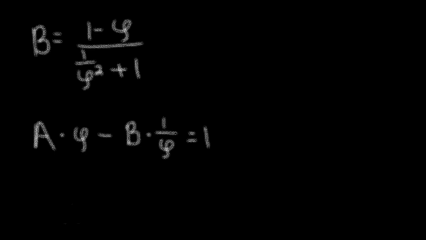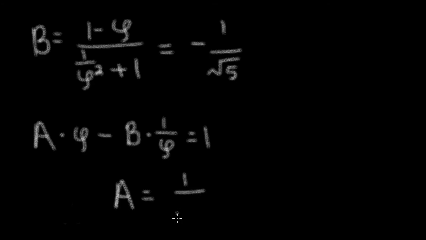Now just for the sake of time, I'm going to tell you that it's a pretty easy exercise to simplify this expression for b, and you find that b is actually equal to negative 1 over the square root of 5. And the reason I'm doing this is because a is going to be very similar. If you plug in negative 1 over root 5 for b and solve for a, do some more simplification, again I'll let you verify, a is actually equal to 1 over square root of 5.